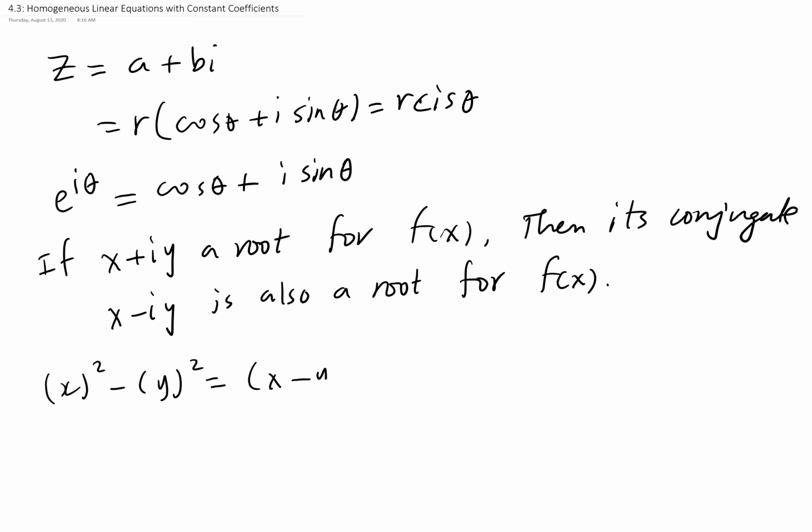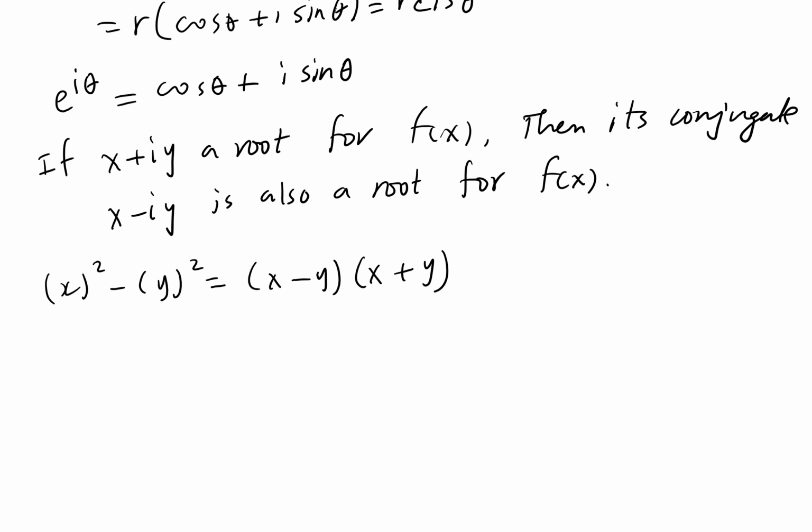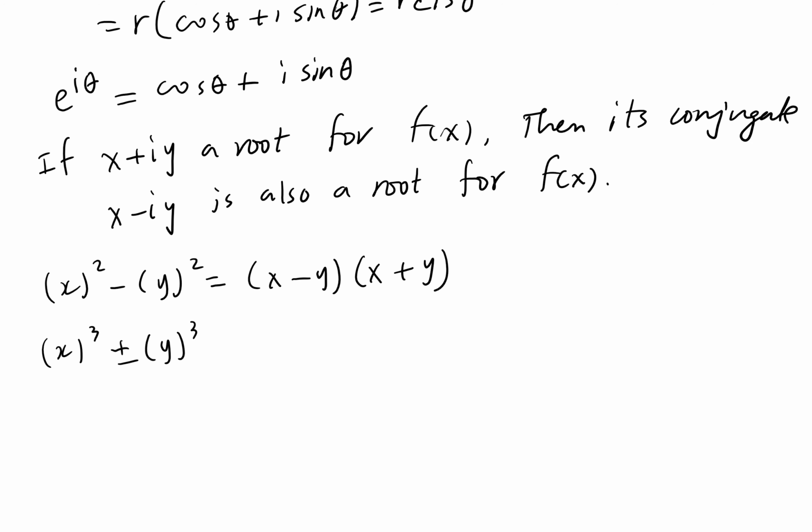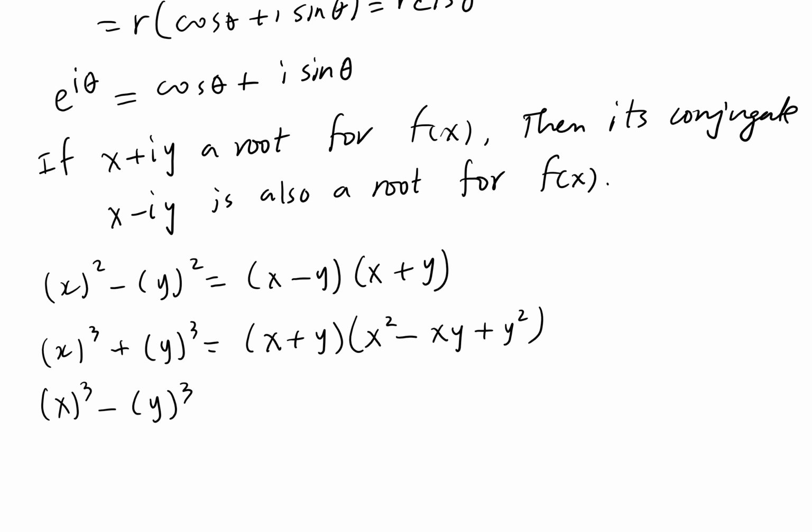It's x minus y times x plus y. x cubed plus or minus y cubed: x cubed plus y cubed is x plus y times x squared minus xy plus y squared, and x cubed minus y cubed is x minus y times x squared plus xy plus y squared.